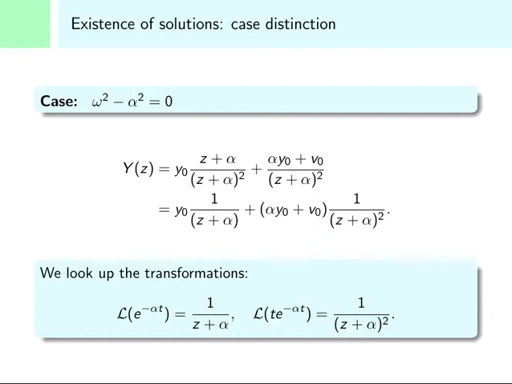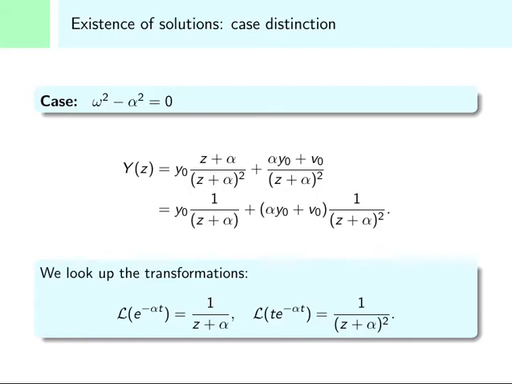In that case, if we take a look at the formula for capital Y of z, we notice in the first fraction we can reduce the numerator and the denominator by a common factor of z plus alpha, and so this simplifies to y0 times 1 over z plus alpha plus alpha y0 plus v0 times 1 over z plus alpha squared.